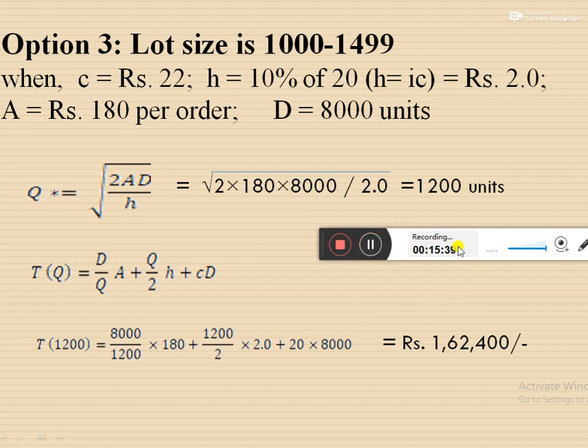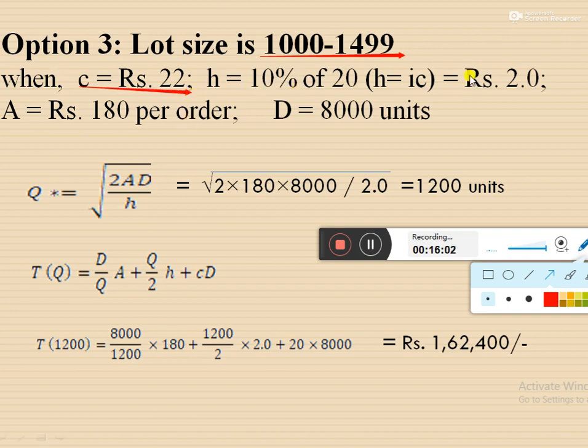In a similar manner, we would consider the third option that is available to us, in which the lot size is equal to 1000 to 1499. If we order in this range, then we would get units at a purchase price of 22 rupees per unit.